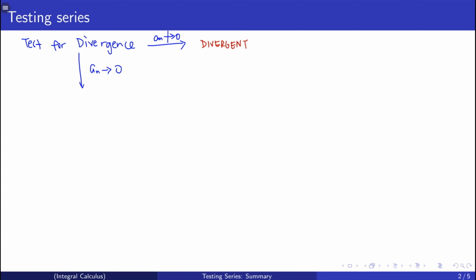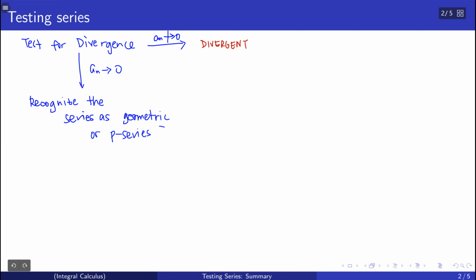Some other easy things you can try is maybe recognize what kind of series you have. Maybe it's a geometric series. Or a p series, which is a series of the form 1 over n to the p. And for these types of series, it's easy to tell whether it converges or diverges.